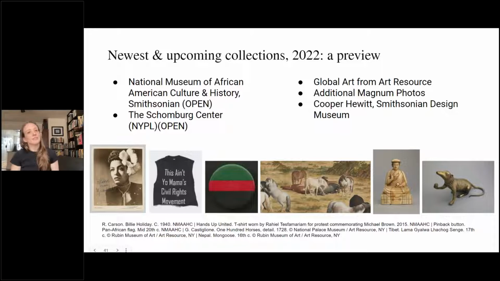Seeing as we are somehow already nearly halfway through 2022, here is what we have going on so far this year. We're really excited to have added two collections pertaining to African American history and culture. Those are the Smithsonian National Museum of African American History and Culture and the Schomburg Center.